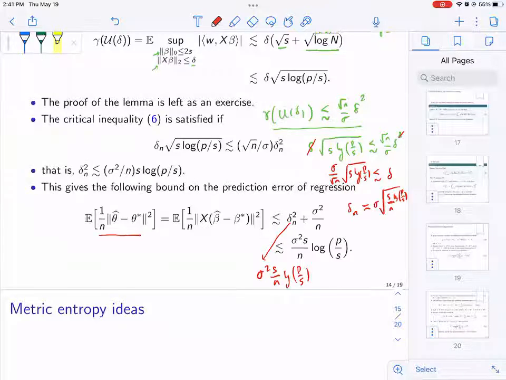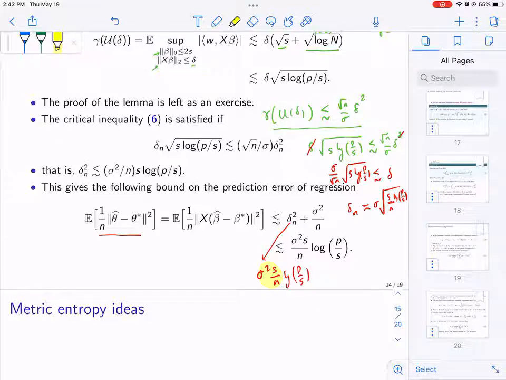So what you're saying is that if you do sparse regression, your prediction error goes down like sigma squared s over n plus this log factor. This is the rate that you would expect if you did it in s-dimensional space. You're doing it in high-dimensional space, but with an s-sparse problem, so you pay this extra log factor.